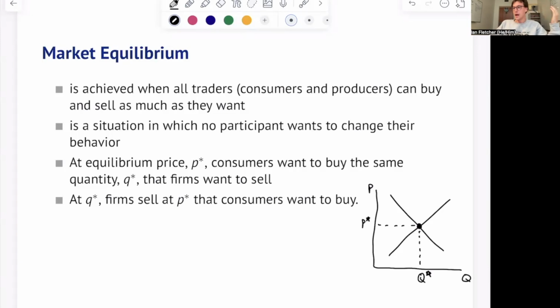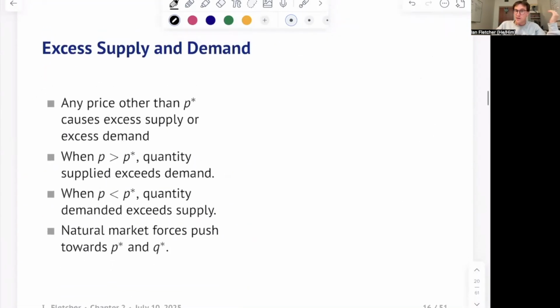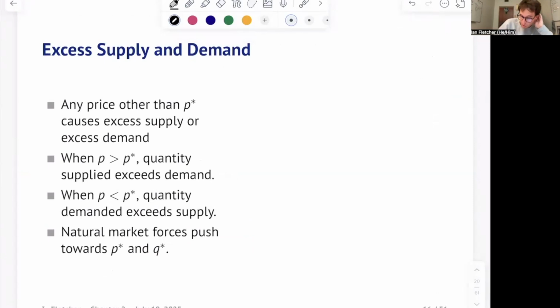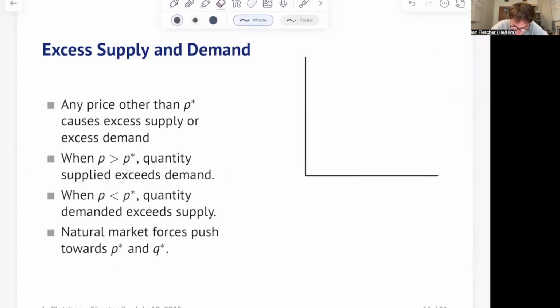Now, there's a couple things that happen here. Suppose we weren't at equilibrium. So let's draw our two curves.